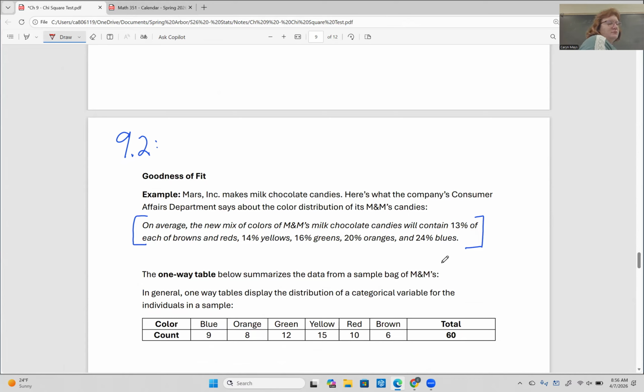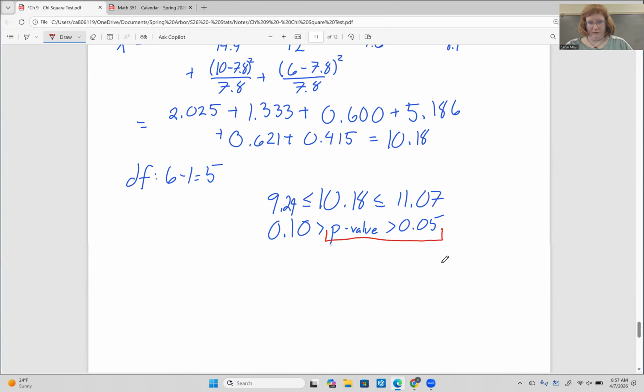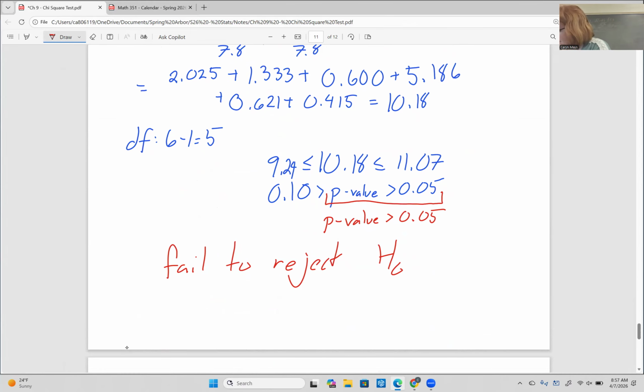It means we can't tell if it's true. We don't have enough evidence to say my 60 M&Ms point to this being false. Mars's claim could still be true. We don't have enough evidence to say that the distribution is different. So, fail to reject H naught.